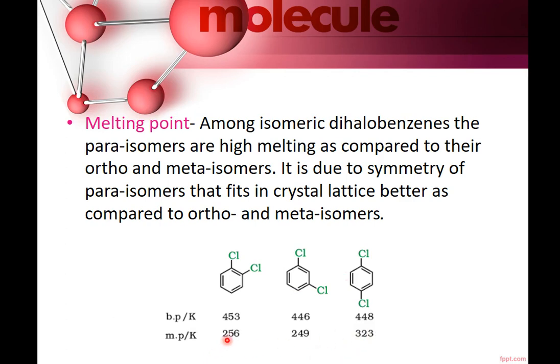You can see the melting points 256, 249 and 323. So it has got the maximum melting point as compared to ortho and meta. This is because this molecule is symmetrical, so packing will be strong. It fits in the crystal lattice better as compared to ortho and meta isomers.